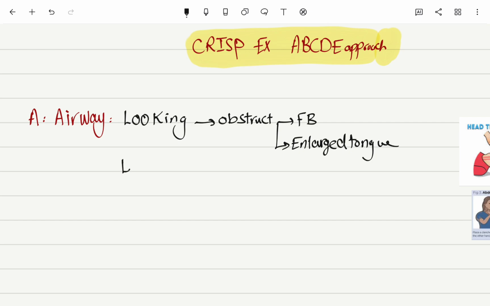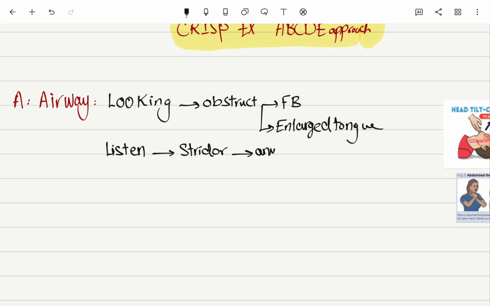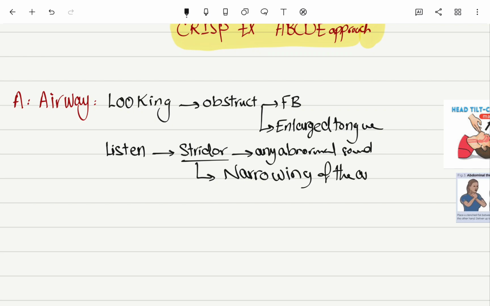I also will listen for anything that causes stridor or any abnormal sounds. An abnormal sound may indicate that there is narrowing of the airway.